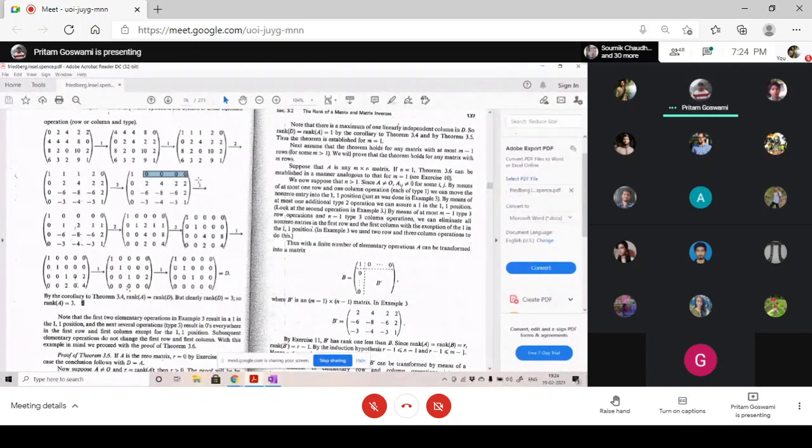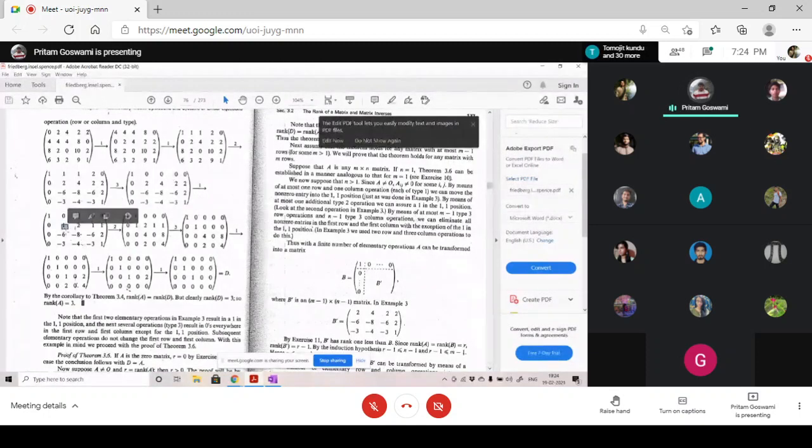From here, they again multiplied the second row by half and got this matrix. Now look, there is one pivot element already there, this one, and they want to make this one also a pivot element. So for this 0, right? This -6 and -3 to 0, right?